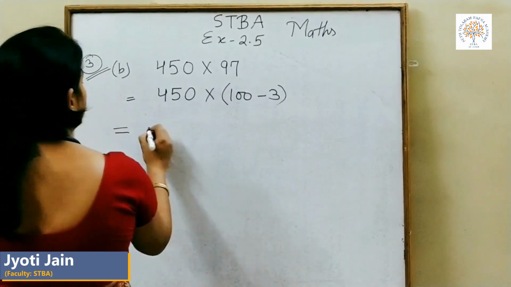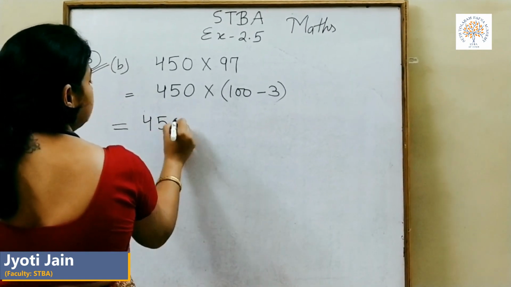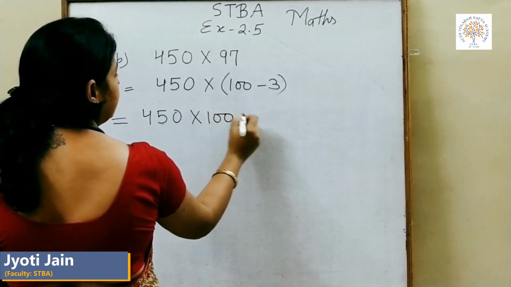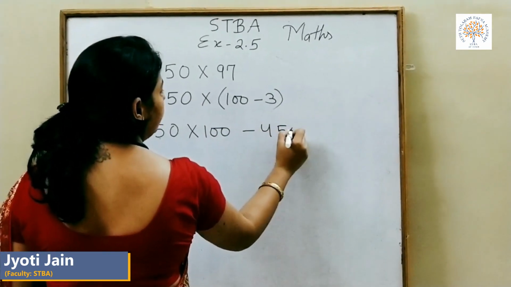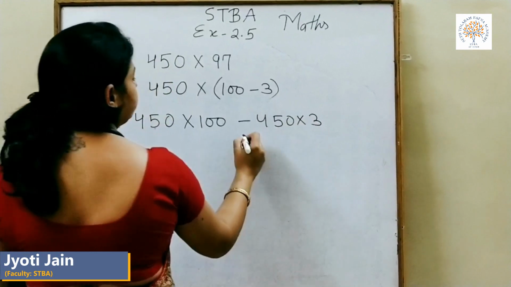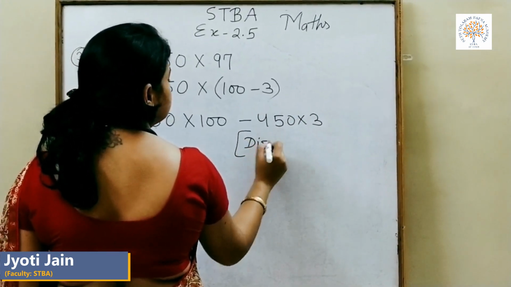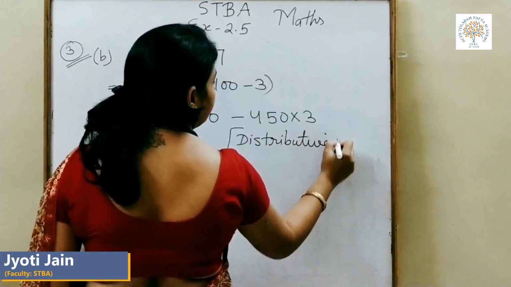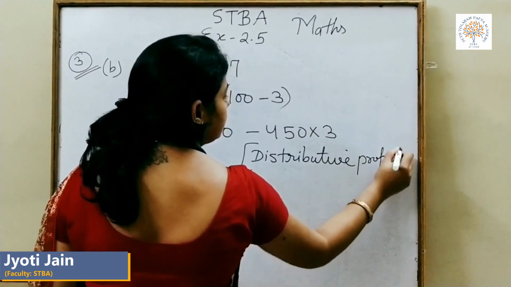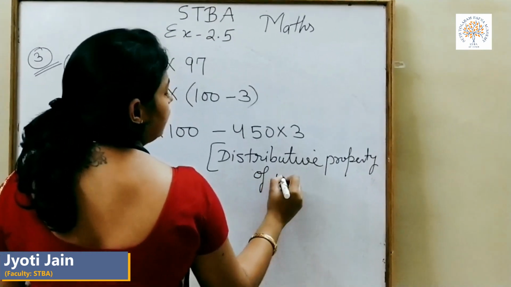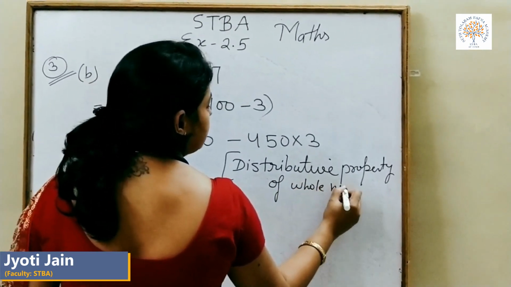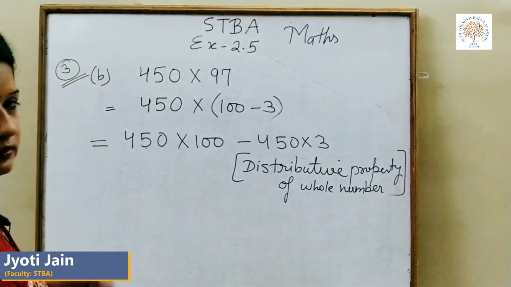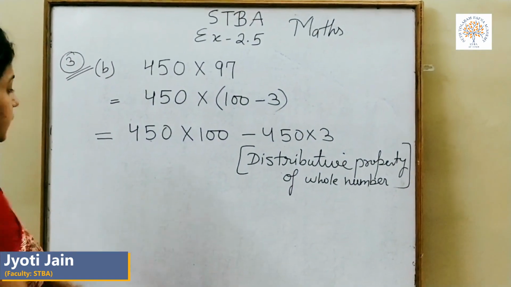So 450, according to the distributive law, first of all we will multiply 450 by 100 and then we will multiply 450 by 3. We are using the distributive property of whole numbers here.